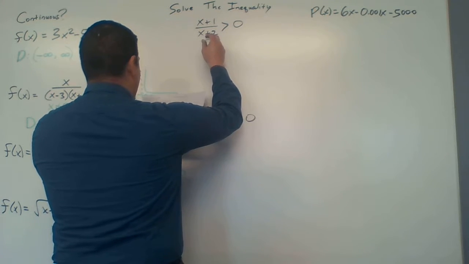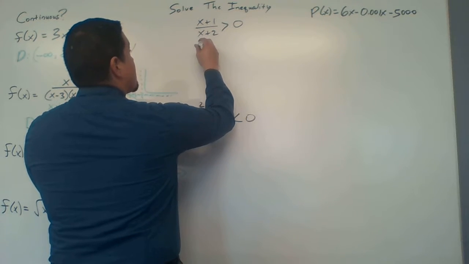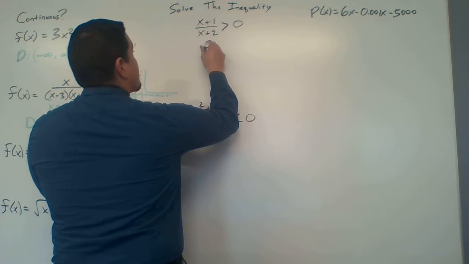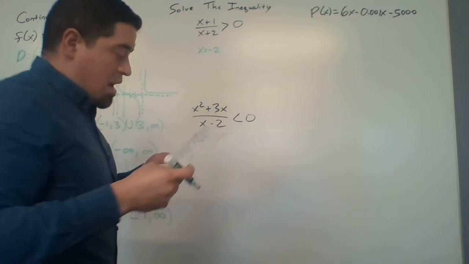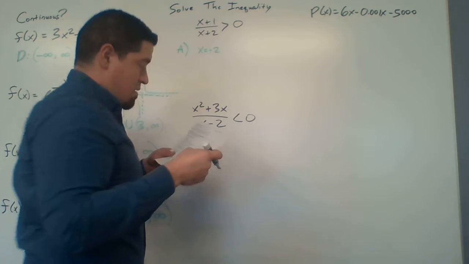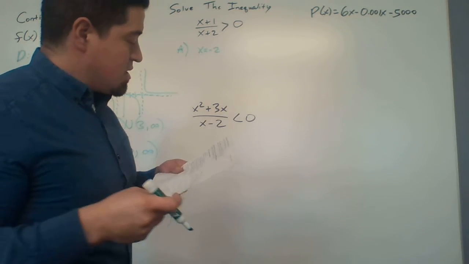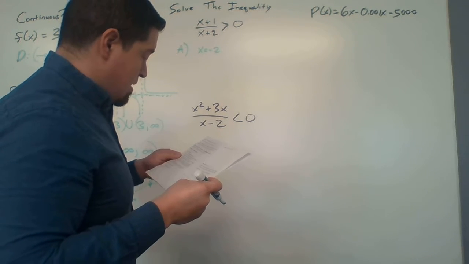I'm going to find what we call partition points. So one of them would be -2. Okay, and that would be like step A on that constructing sign charts procedure. So we found that that's going to be -2.